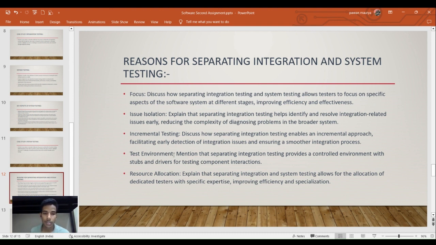Test environment: mention that separating integration testing provides a controlled environment with the stubs and drivers for testing component interactions. Resource allocation: explain that separating integration and system testing allows for the allocation of dedicated testers with specific expertise, improving efficiency and specialization.